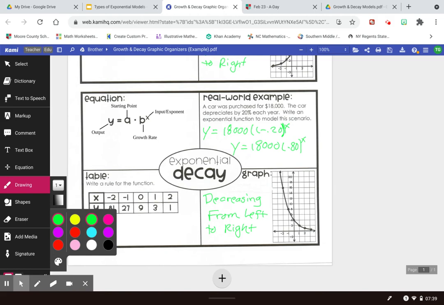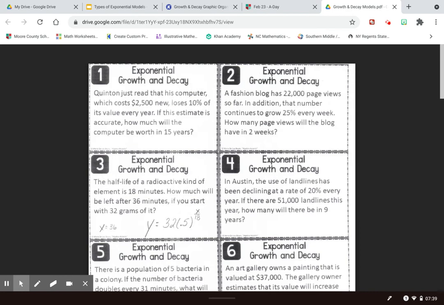Okay, so if you read the first one, and this will pop out of Canvas, it says Quentin just read that his computer, which costs $2,500 new, loses 10% of its value every year. If this estimate is accurate, how much will the computer be worth in 15 years? Okay, so here's how we're going to write this. And this is exactly how I want to see you writing these for full credit. If you do not write it this way, you will not get credit.